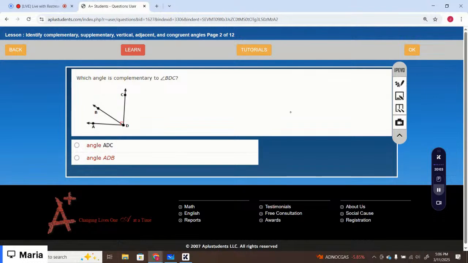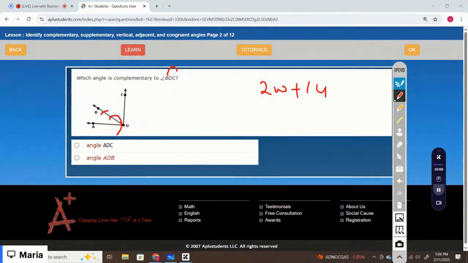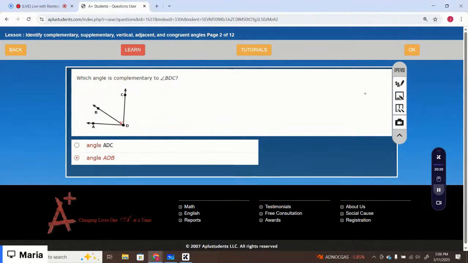So angle BDC, here is the angle BDC. A complementary angle is the angle that makes this angle equal to 90 degrees. So that is ADB. Option number 2 is the correct option. That is angle ADB. Option 2 is the correct option.